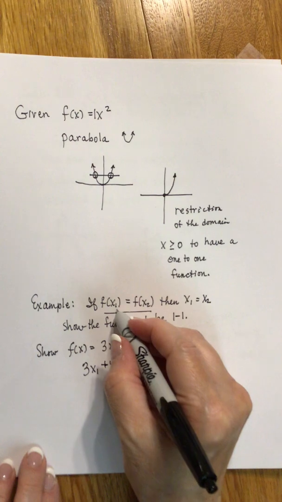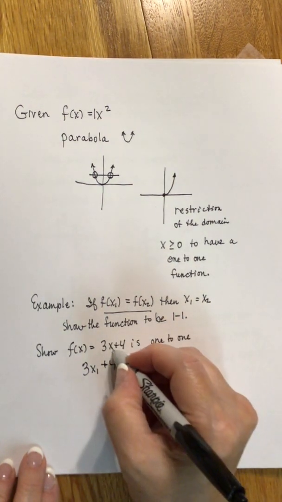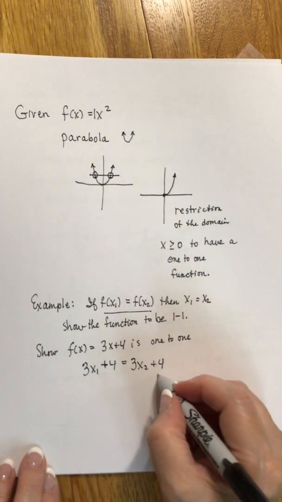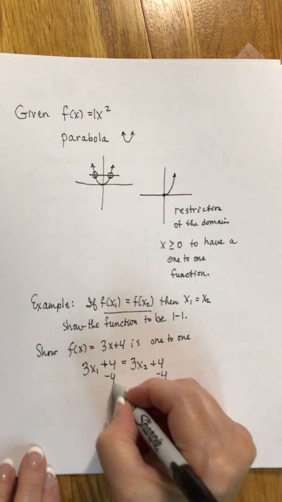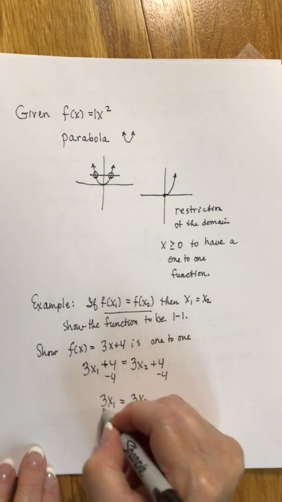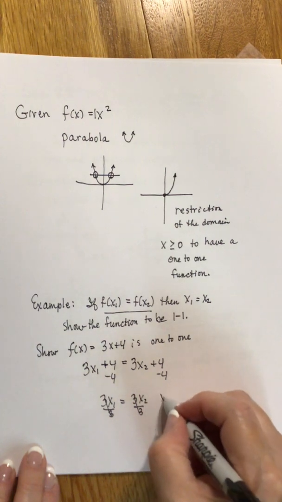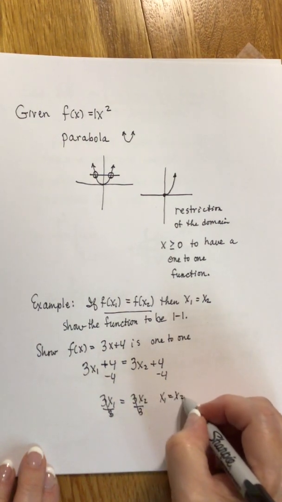So that's the f of x sub 1 and f of x sub 2 we plugged into the input. Here's my input. So I'm going to subtract 4 from both sides. 3x sub 1 equals 3x sub 2, and divide by 3 on both sides. So I get x sub 1 equals x sub 2.